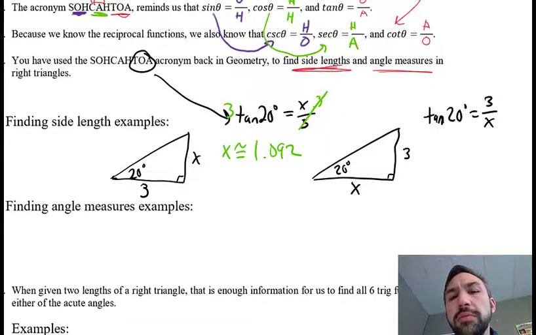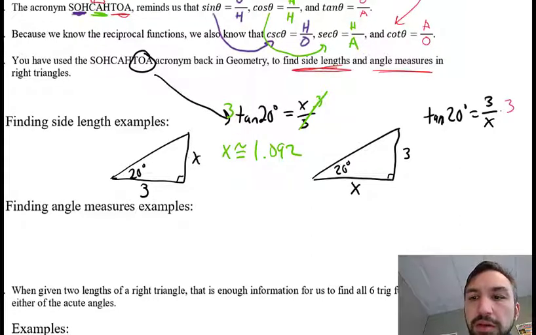So the equation is not any harder, but now to solve this, it's just going to take a little bit different algebra. So what I usually do is I just swap these two around. I know x is going to equal 3 divided by the tangent of 20. Until you understand why, though, you really shouldn't take that shortcut.